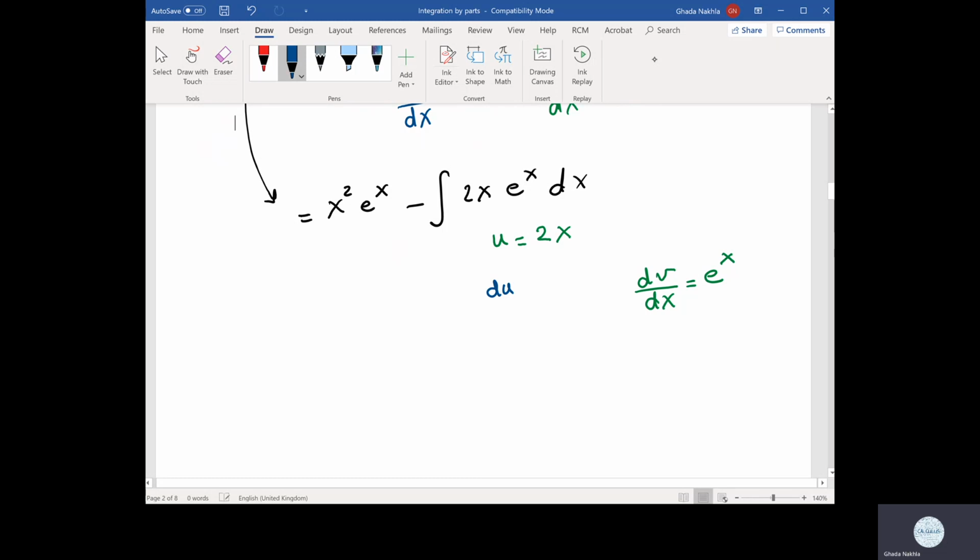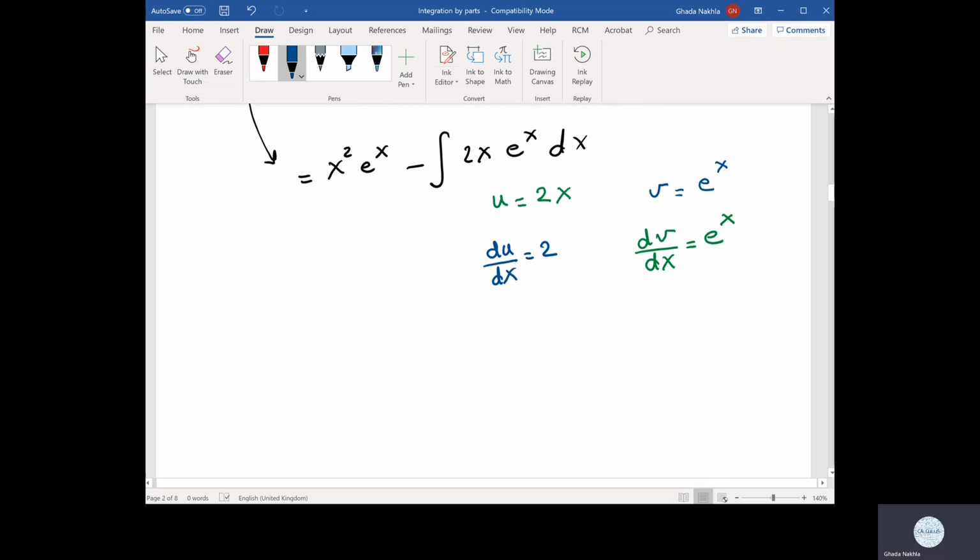Du by dx, differentiate. So when you differentiate 2x, you get 2. Decrease the power of x, this is x to the power of 1. Decrease the 1, it becomes x to the 0, and x to the 0 is 1. Integrate this one, so v is equal to e to the x. When you integrate e to the x, it stays the same.